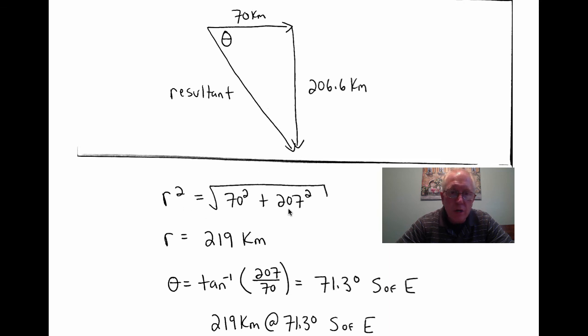There's my Pythagorean theorem that's getting me the 219 kilometers that I would have to call the magnitude. And then, since it's the opposite over the adjacent, I'm using the inverse tangent of 207 divided by 70, and that gives me 71.3 degrees toward the south of east, and here is my resultant. The same resultant that I showed you a little while before, but there's the work behind it.